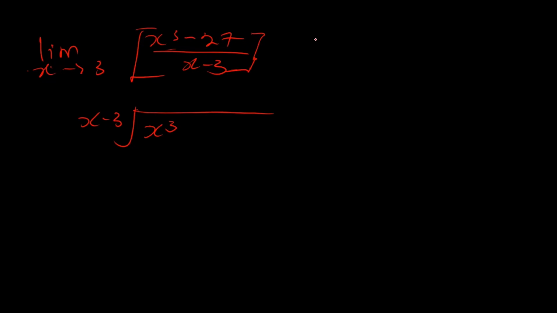And to avoid confusion, we can say x cubed plus a certain x squared. 0x squared is still 0. Plus a certain 0x minus 27. If you really remember how we did this in SHS, you would know that is exactly how we do it. So x cubed plus 0x squared plus 0x minus 27.